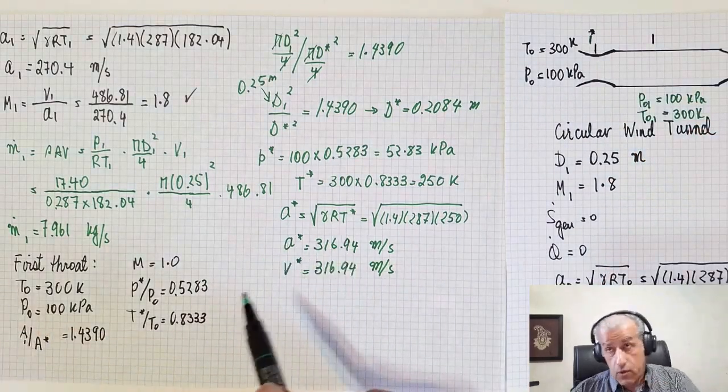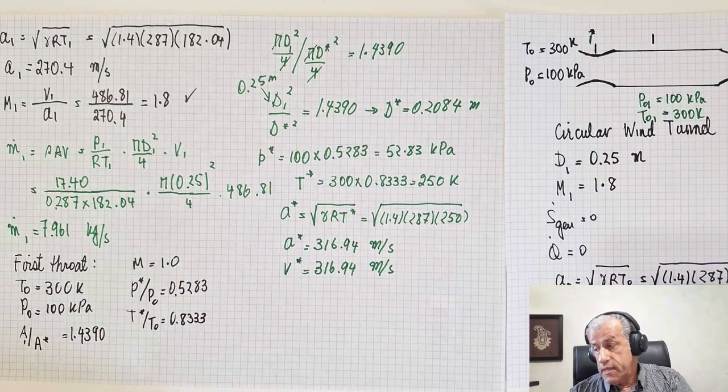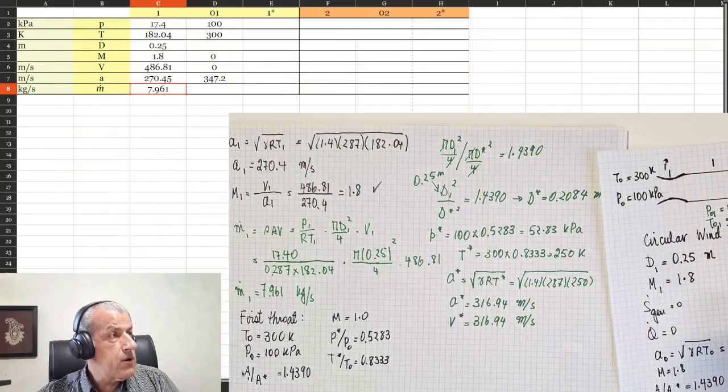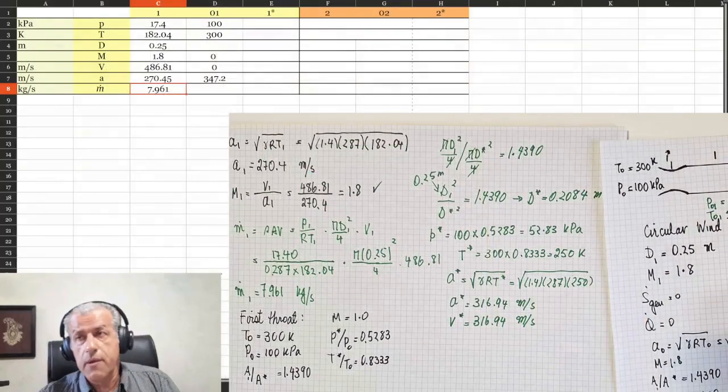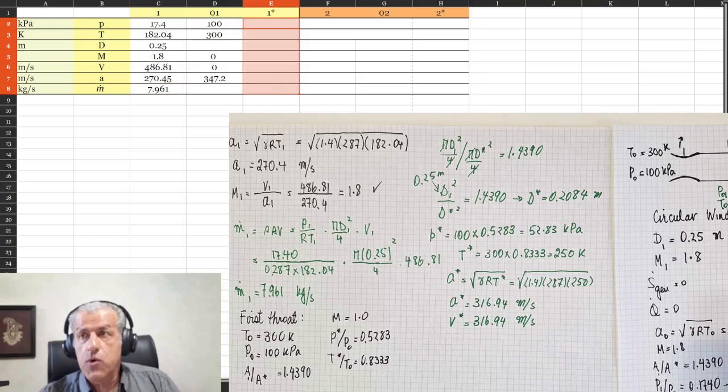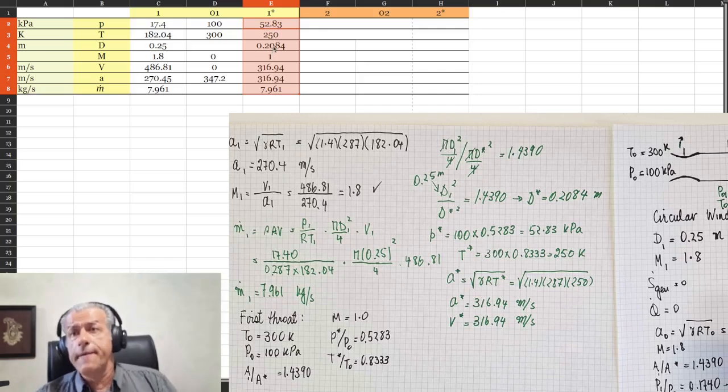Here, we could show them on the table as we did before. You see, this is our table, and the star values that we calculated for the throat, we could show them here. You see that the pressure is 52.83 kilopascals. The temperature is 250 Kelvin. The diameter is 0.2084.